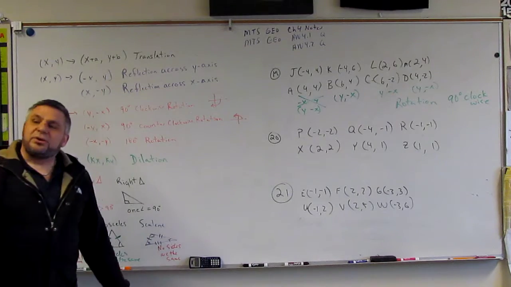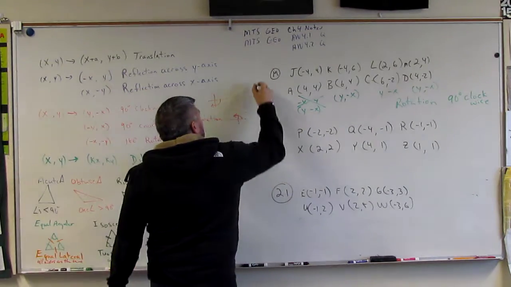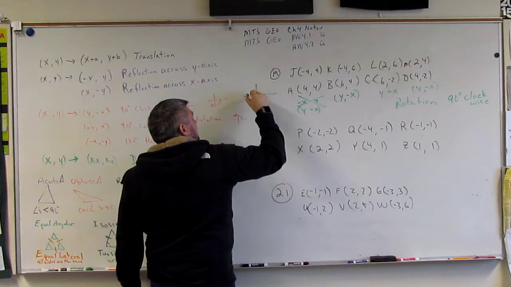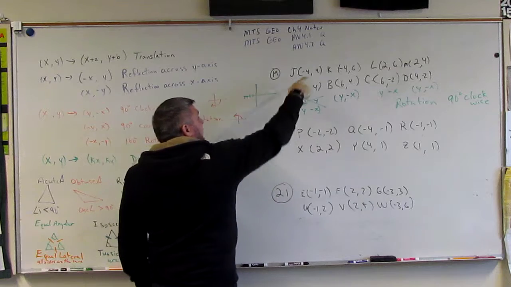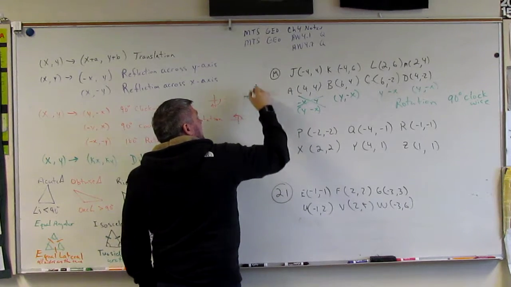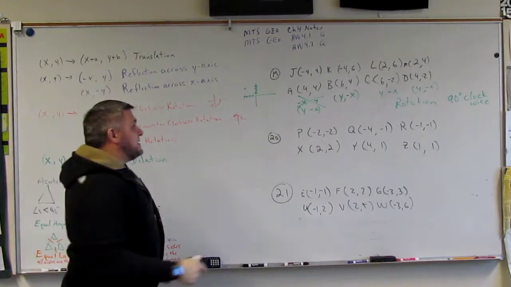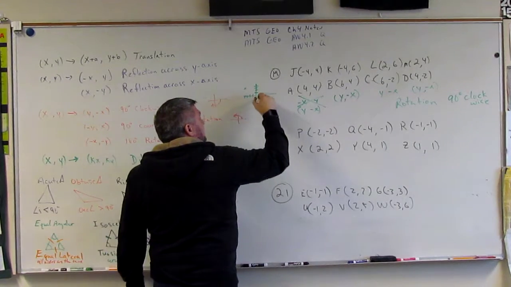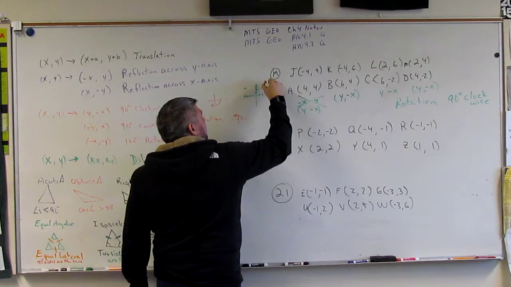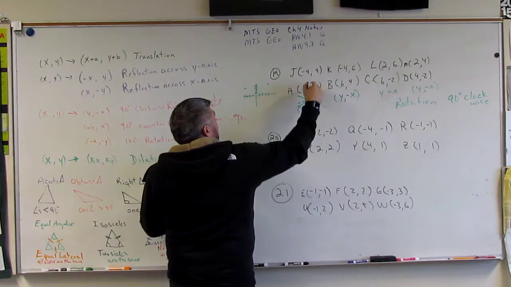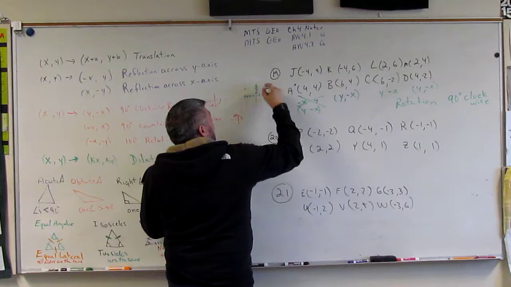And so one way you could do this is you could actually graph this and go, okay, -4 and 4, right? And then what's the next one? 4 and 4, right? So the new point, this point would be this, right?